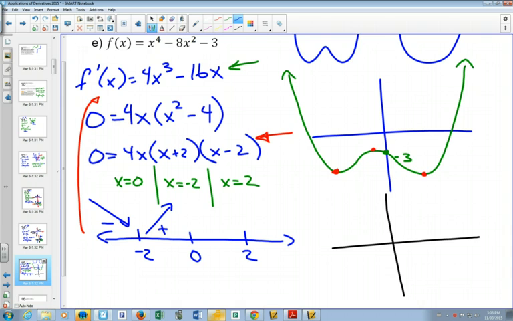When I try a number between 0 and 2, like 1, this will be positive, this will be positive, this will be negative. We will get this whole section negative again, going back down. And finally, when I plug something in larger than 2, all of these would be positive. And that section would be going back up.